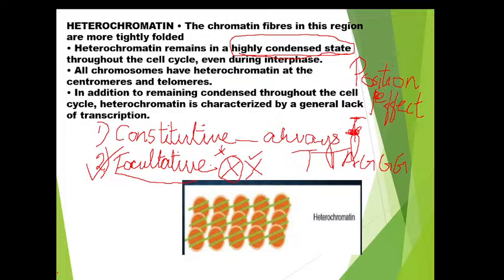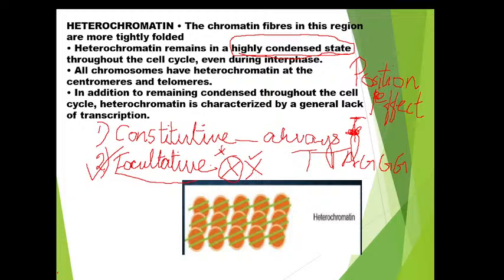Depending on the need of the cell, the X chromosome will be active, and this inactivation of one X chromosome in females is for dosage compensation, because in humans males have one X and one Y, but females have two X chromosomes.